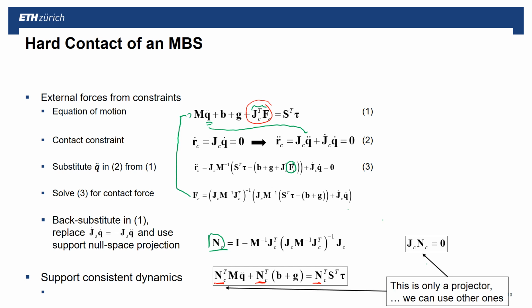This NC is nothing else than a projector which takes equations of motion which have contact forces and projects them into a subdomain where the contact forces drop out and where we have only motion and torque left.